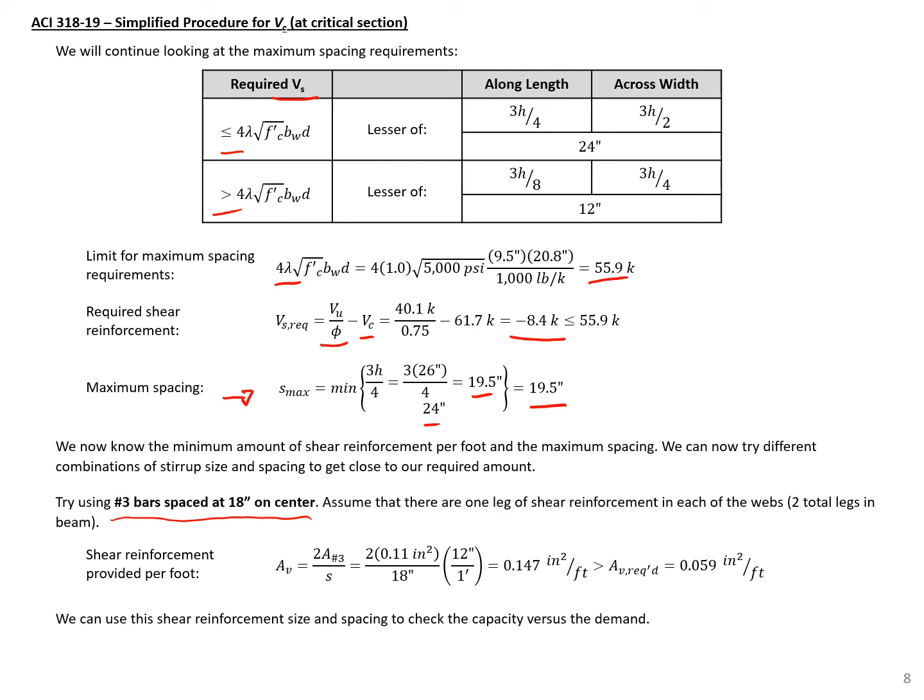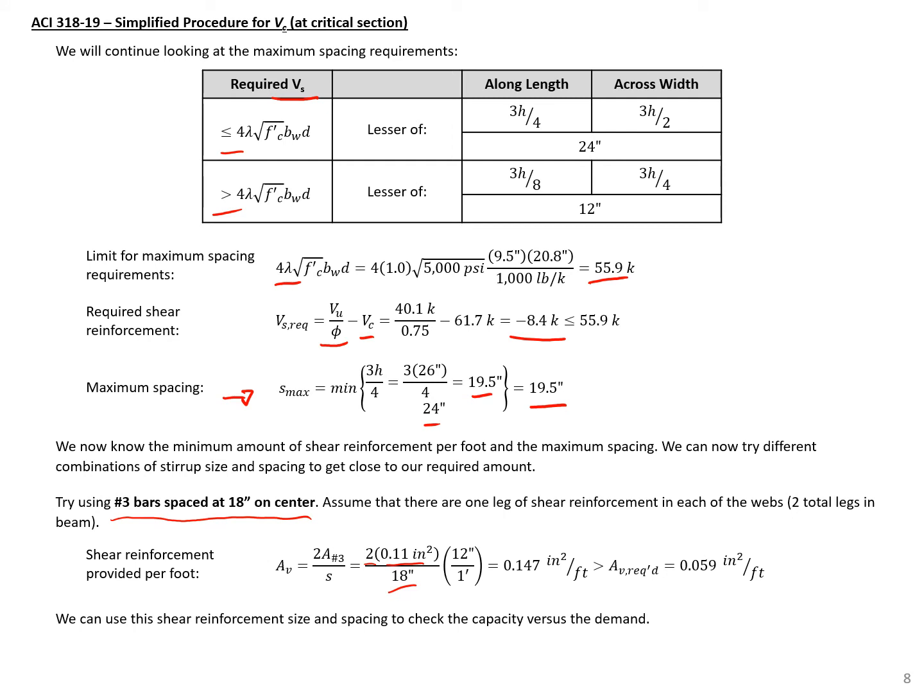to assume that we have one number 3 bar in each one of the webs of our double T. So we'll have 2 number 3 bars, so 2 times 0.11 square inches divided by 18 inches, and then we're trying to find the total area of shear reinforcement provided per foot.